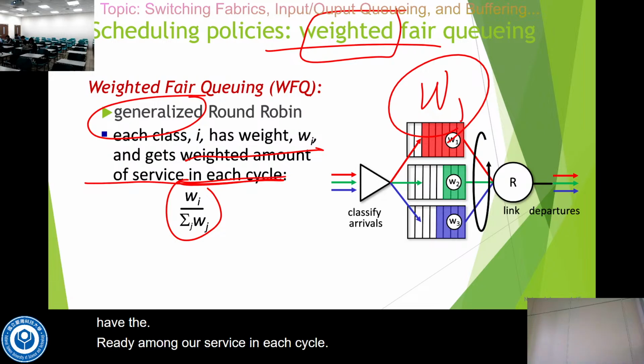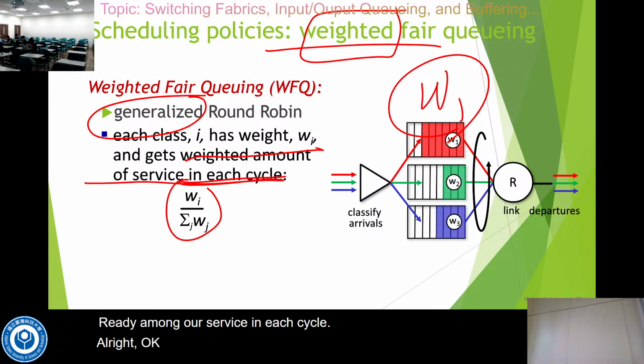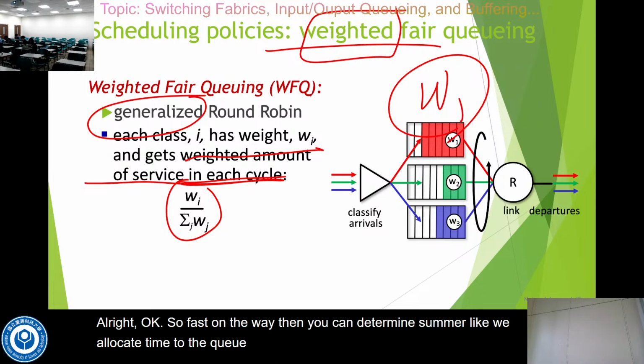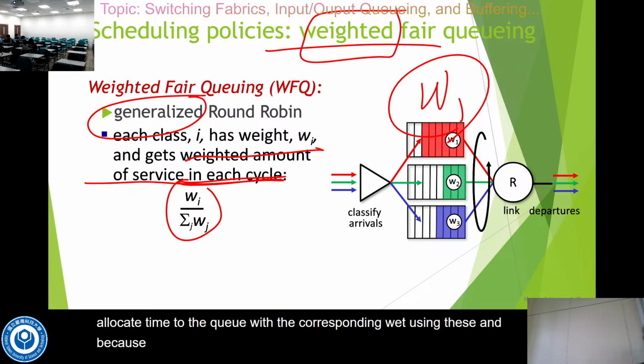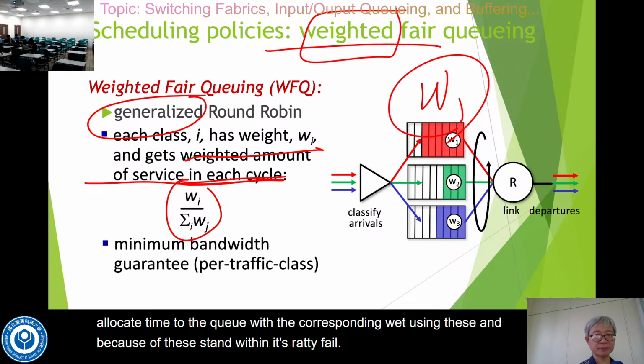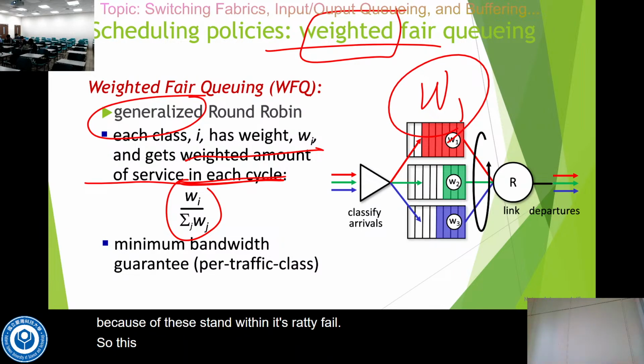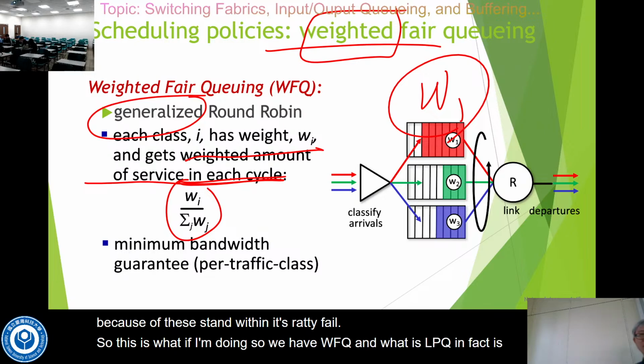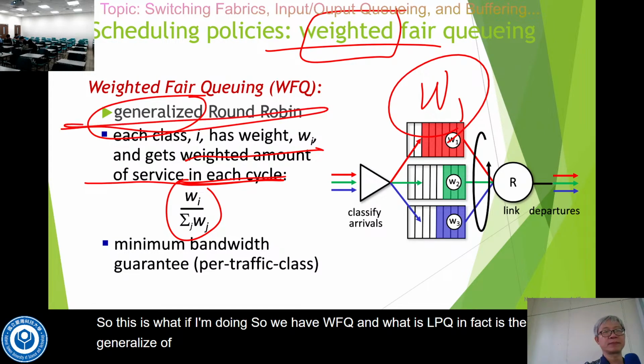So based on the weight, you determine how much time to allocate to the queue with the corresponding weight. Because of this, we think it's weighted fair. So this is weighted fair queuing, WFQ, which is in fact a generalization of the round robin manner.